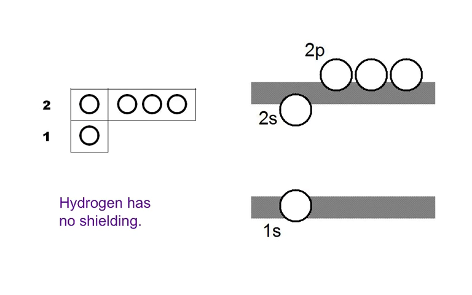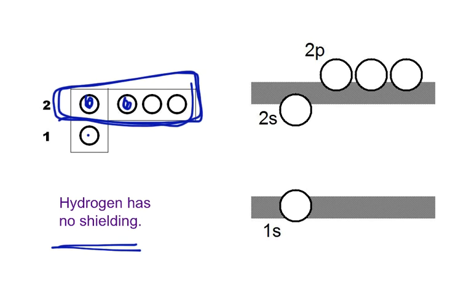So we get back to our picture and we say, for hydrogen, there's no shielding at all, because the electron can either be in the 1s orbital, or in the 2s orbital, or in the 2p orbital. But if it is in the 2s orbital or the 2p orbital, there are no electrons in the 1s orbital, so you don't have any kind of shielding. So for a 2s or 2p orbital it makes no difference.